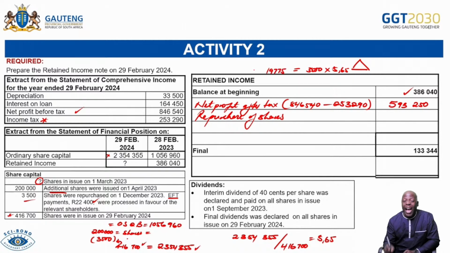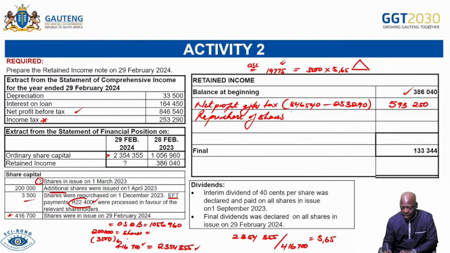So if I were to do an ordinary share capital note, I was going to record 19,775. However, we paid 22,400. So how much did we pay above the average price? That is what goes to the retained income.